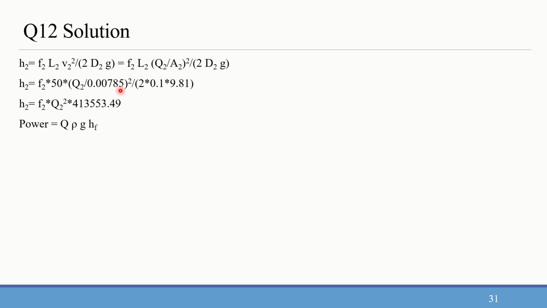Power 2 is 60,000 kilowatts, and it is Q2 into rho into G into H2, and Q2 into rho is 750, G is 9.81. So Q2 into H2 equals 60,000 divided by 750 divided by 9.81. That gives us 8.1549.